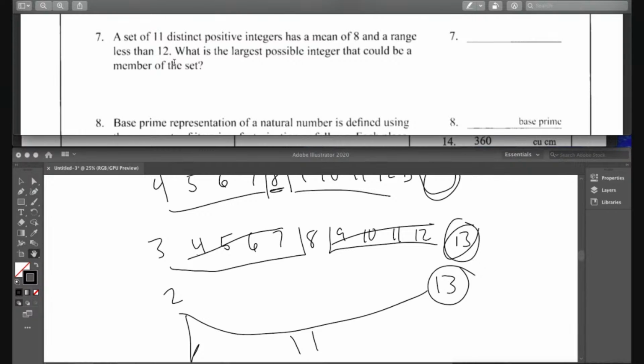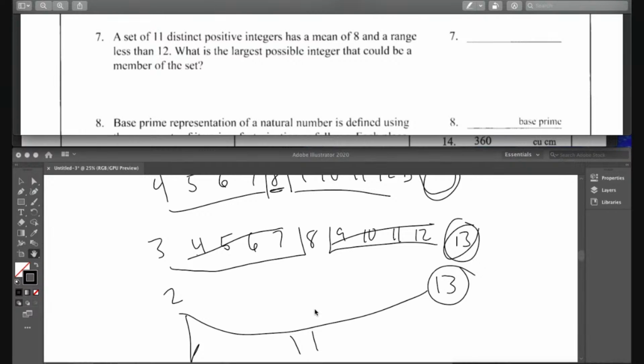But you can also see that it has to be consecutive, right? Because if you have 11 consecutive numbers... no, actually, okay, then you just have the cases of either they're all consecutive or there's a one gap in between.